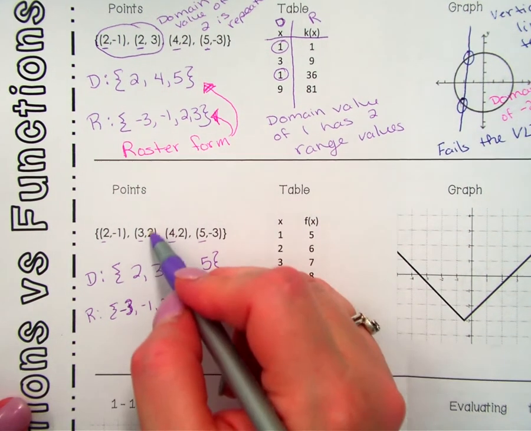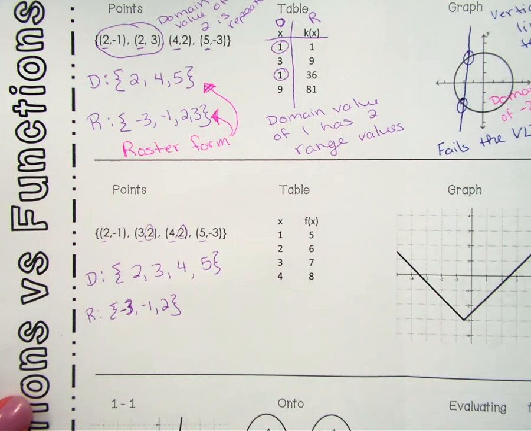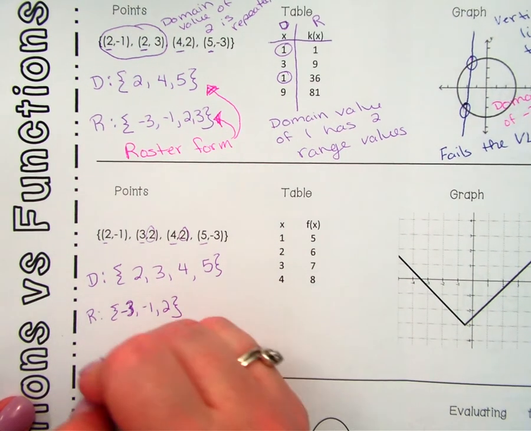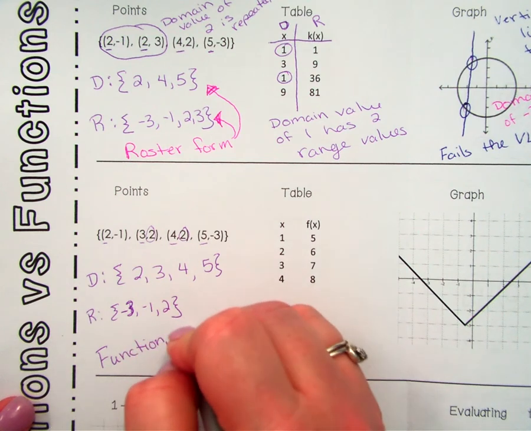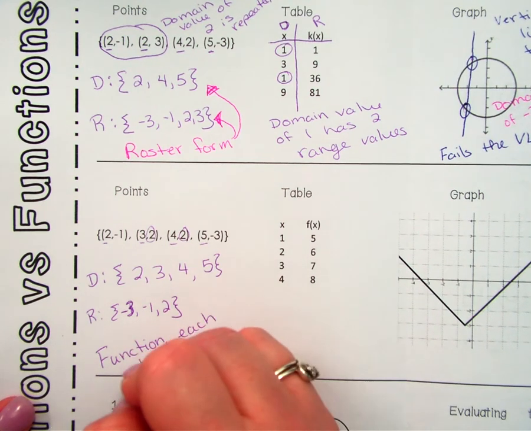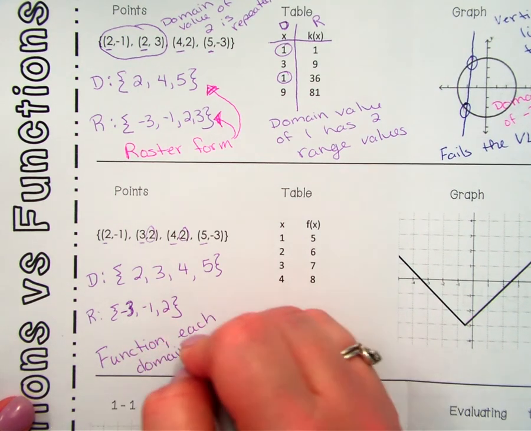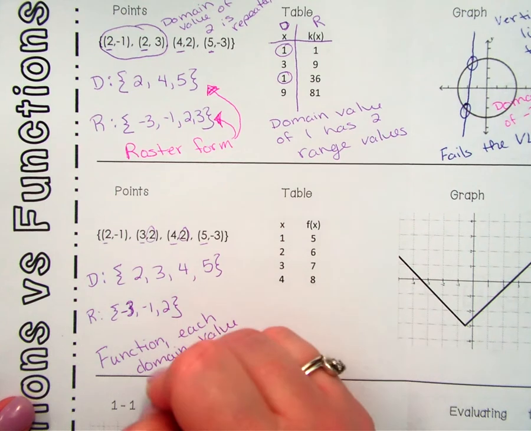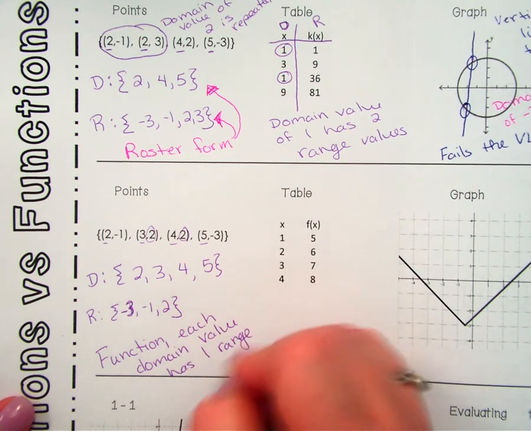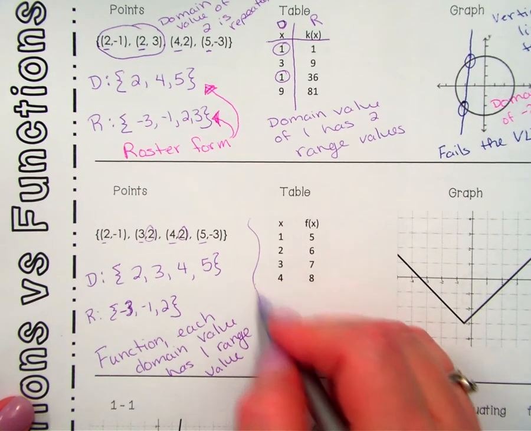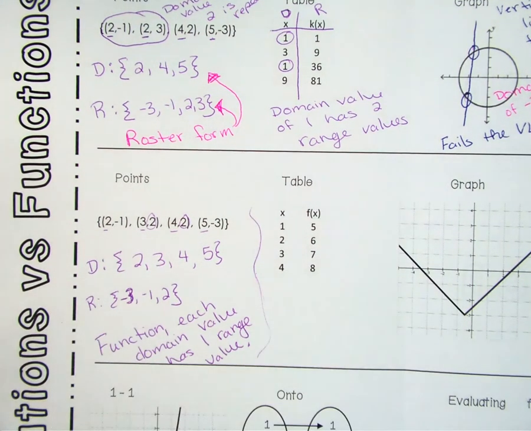I have a range value that repeats, but that doesn't matter with functions. It's okay if that range value repeats in functions. So this is a function. Each domain value has one range value. That is why it's a function.